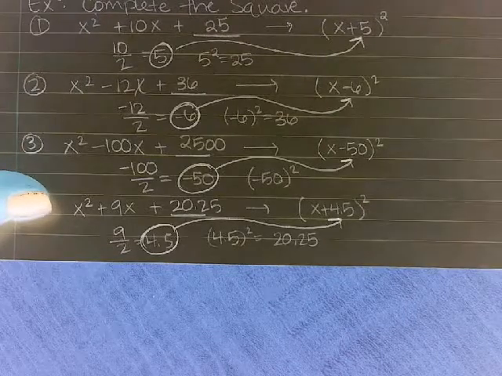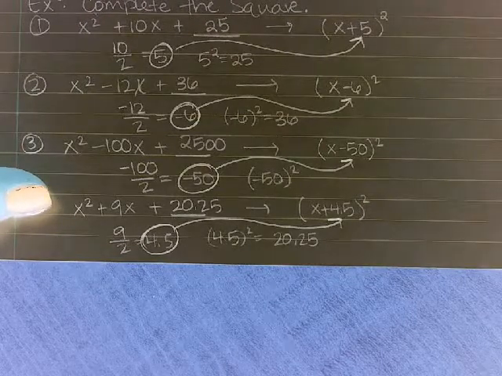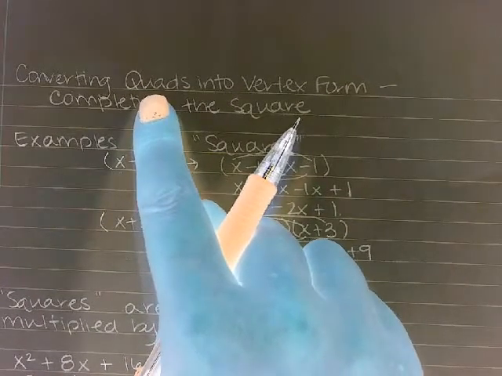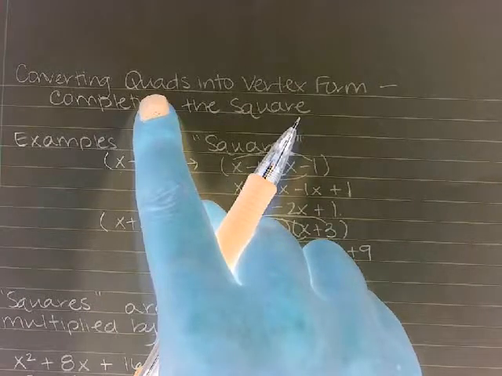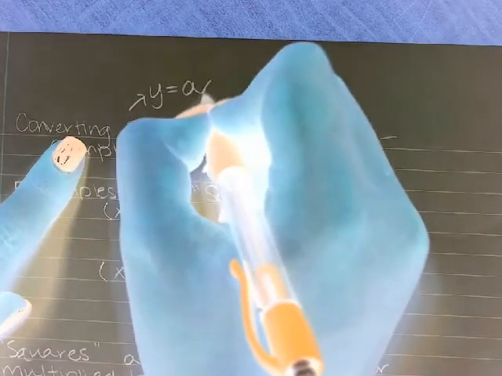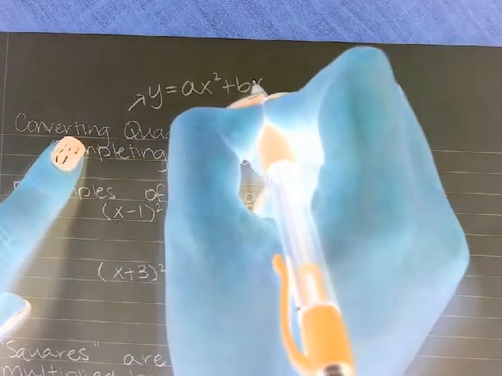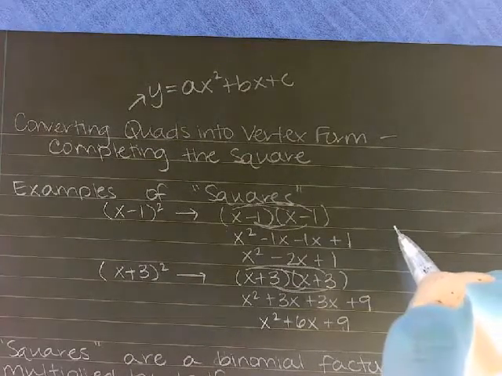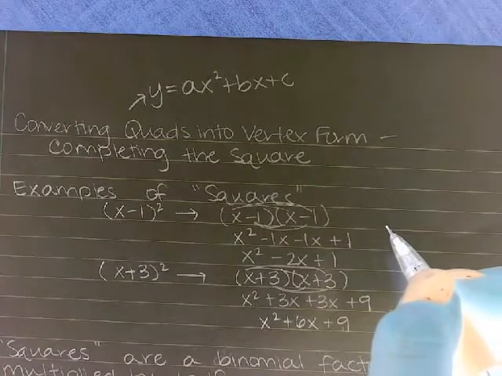Okay. So now we're going to get back to what this video was really supposed to be about, which is taking a quadratic that's written in standard form and getting it to vertex form, okay? So the standard form of a quadratic is y equals ax squared plus bx plus c, and that's not a bad form for a quadratic, but it doesn't tell us any of our transformations.